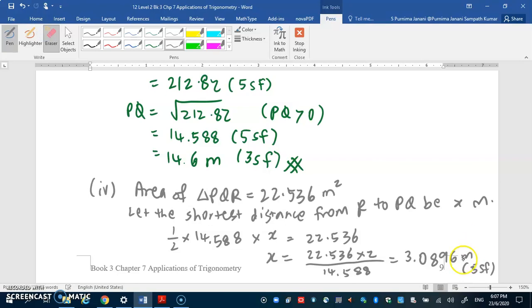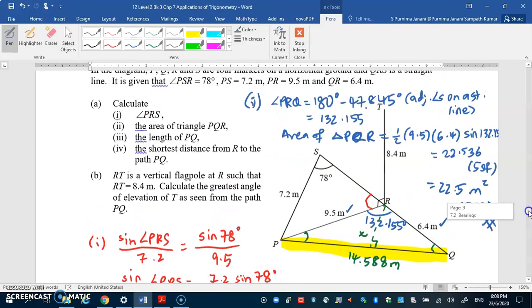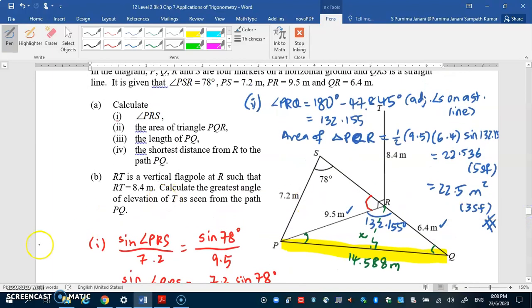I don't really need the meters for the 5 SF. Then after that, I equate it to the 3 SF: 3.09 meters to 3 SF. So my shortest distance is this, 3.09 meters. Okay, and we're done with part 4. I'll continue with part B in my next video.